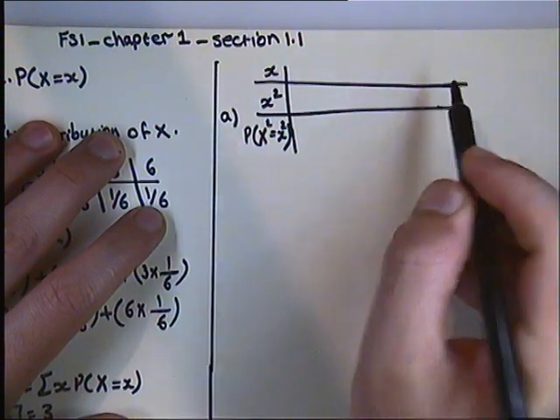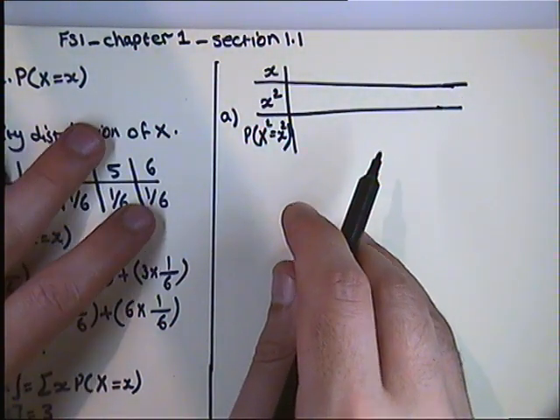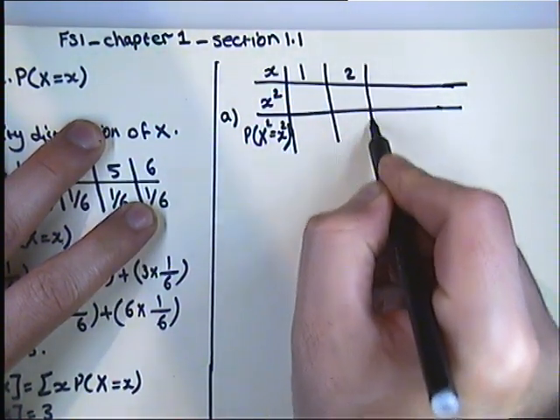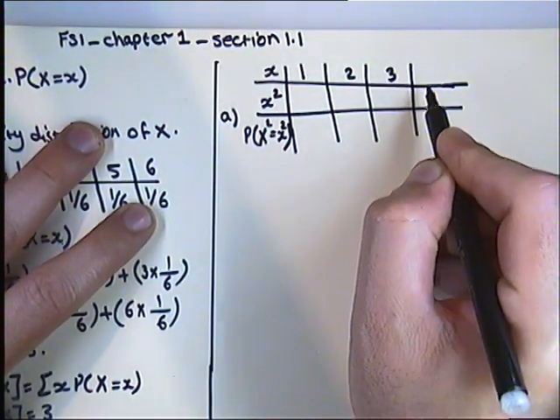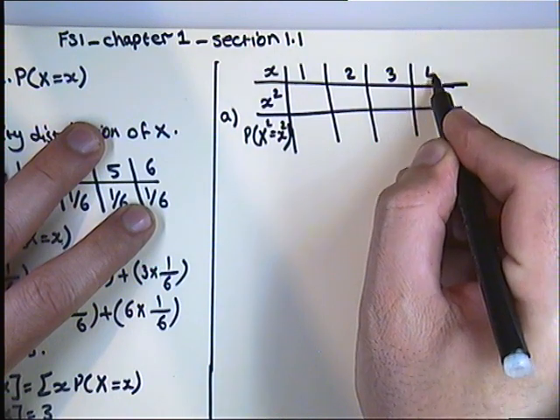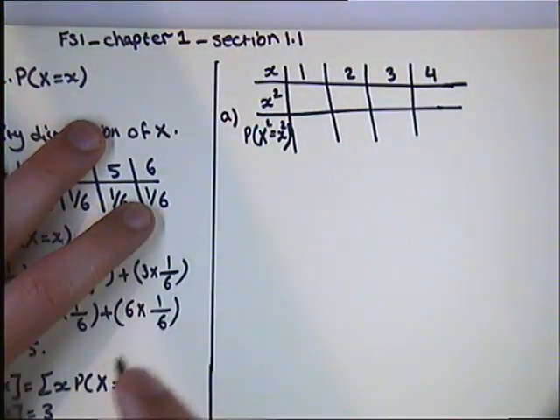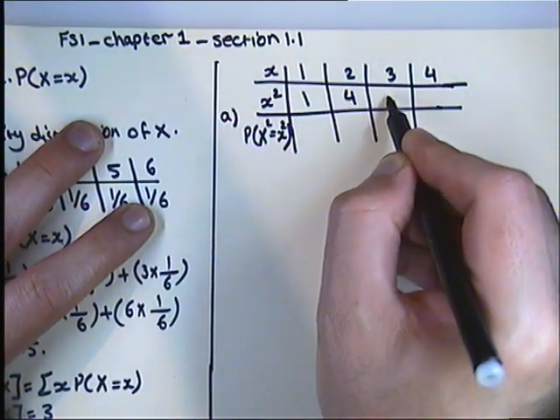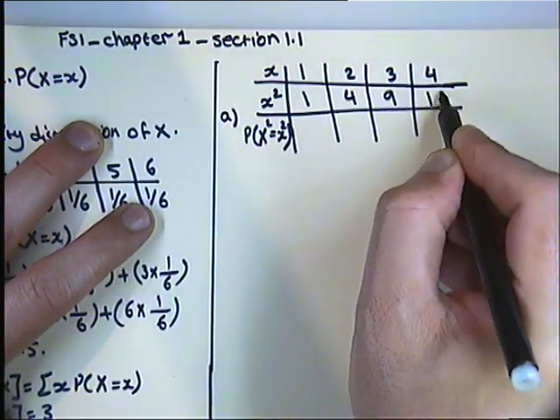So what are the possible values for x? 1, 2, 3, and 4. What will be x squared? 1 squared is 1, 2 squared is 4, 3 squared is 9, and 16.